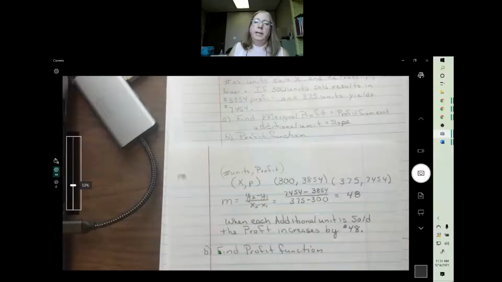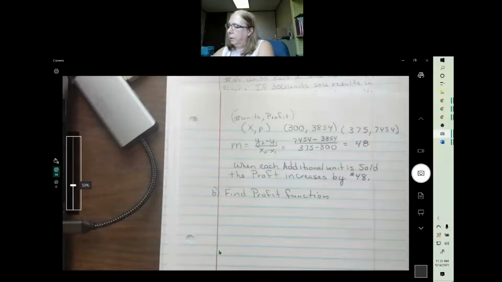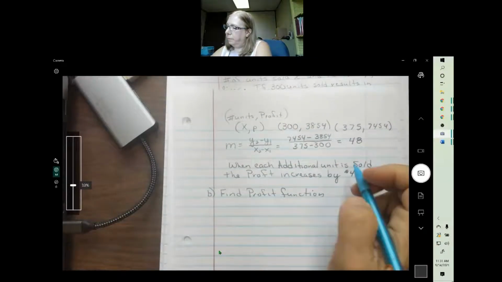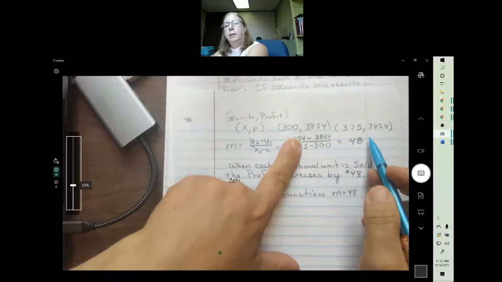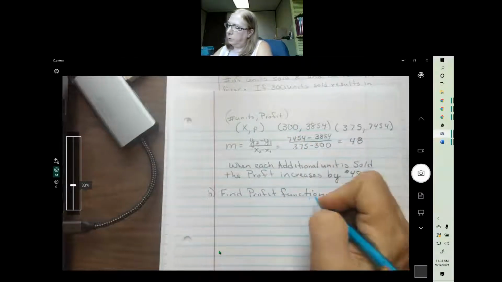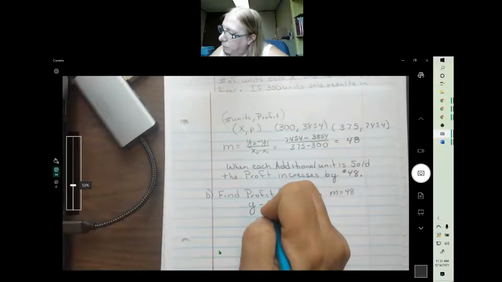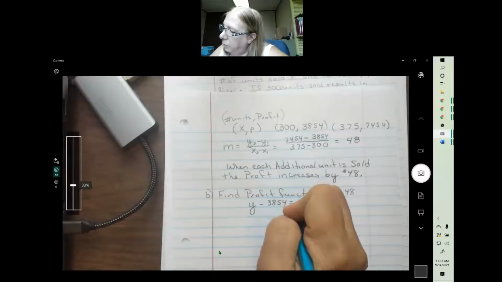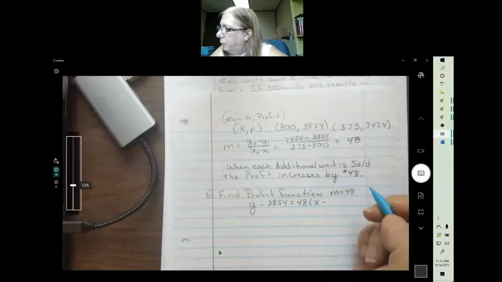Part B, find the profit function. To find it, just like we found the equations in the last problem, we need a slope, which is 48, and then either one of the 2 points. I chose this one because 300 is a lot of zeros, but you could have used any one. So y minus 3854 equals 48, the slope, times x minus 300.